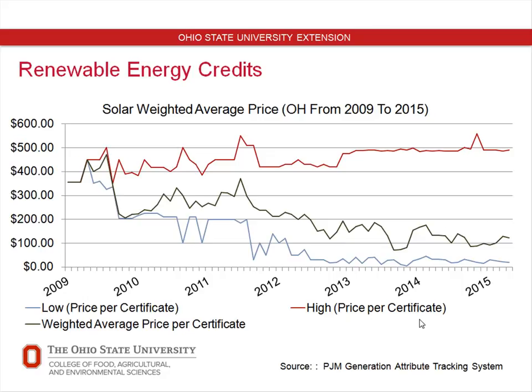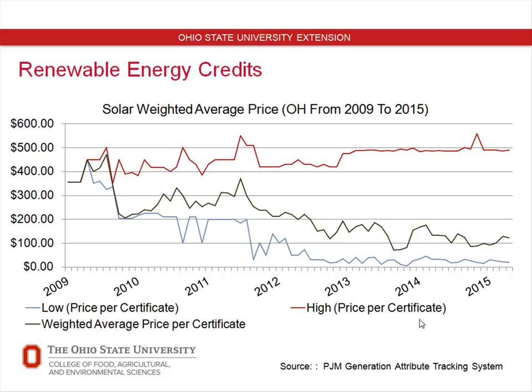So the value of our credits in today's markets is, last I've heard, still in like the $15 to $25 per credit range. So it's important to think about how these different policy actions could influence the value of renewable energy credits. On the opposite side of that, there's a lot of discussion around the Clean Power Plan. What do you think that could do to the value of renewable energy credits?